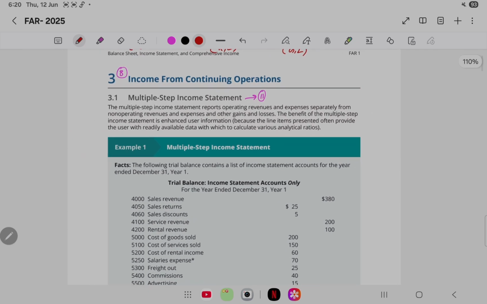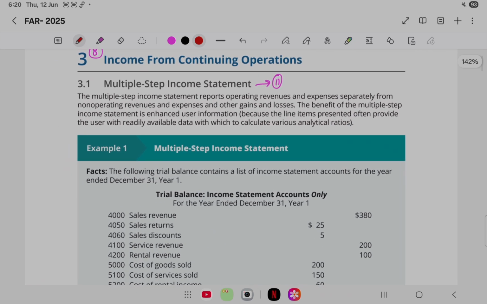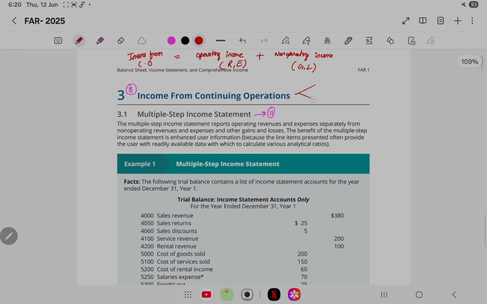So we make the income statement in two models, 1 and 2, that is single step and multi-step. First, this is the multi-step. Before that, for non-operating items, only the net result of the transactions, like the gain or the loss, is reported and not the gross amount.